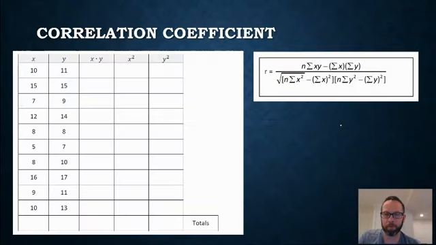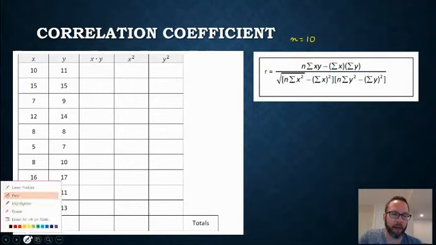That said, though, we're going to have a bit of fun. We're going to test out this formula. And then I'm going to show you guys how you can calculate this in a spreadsheet program. So here we have a set of 10 data values. So here, n is equal to 10. And if you look at the formula here, there's 5 sums you have to do.